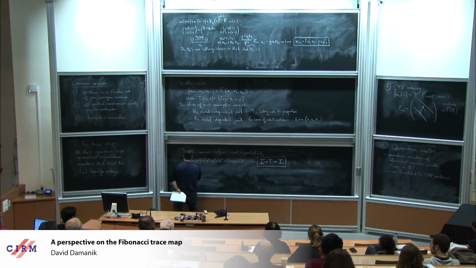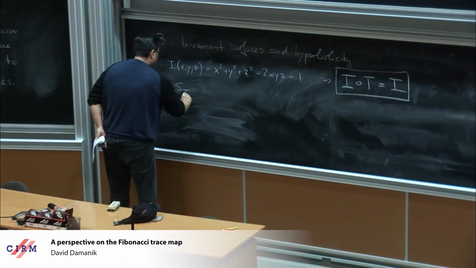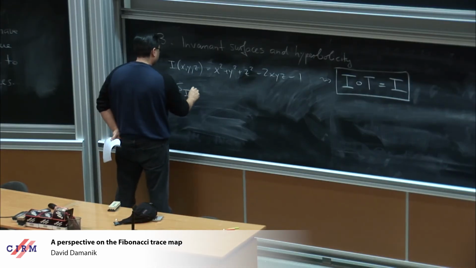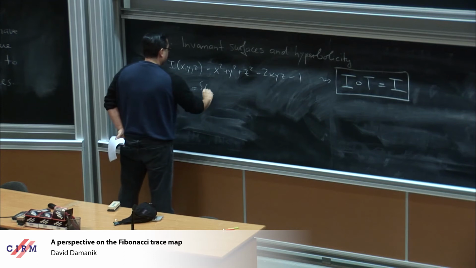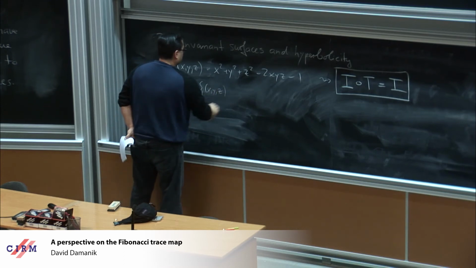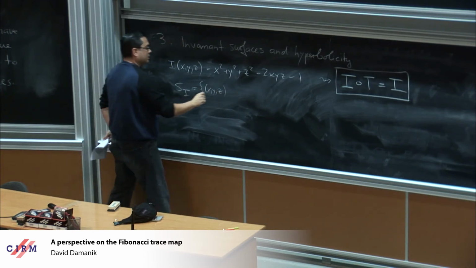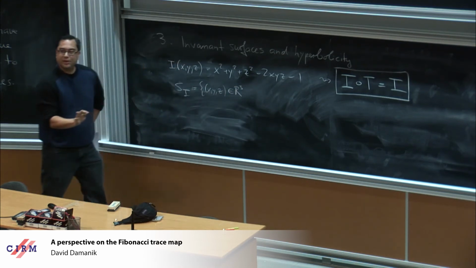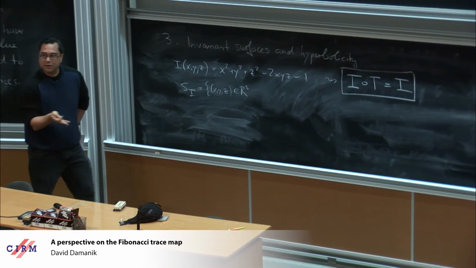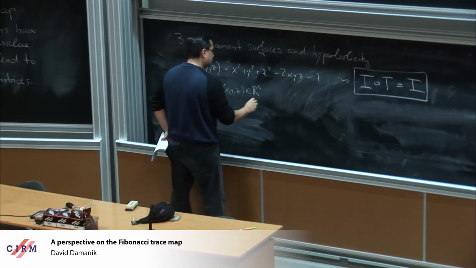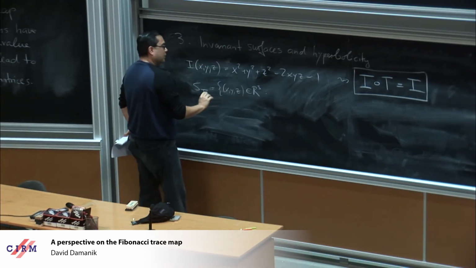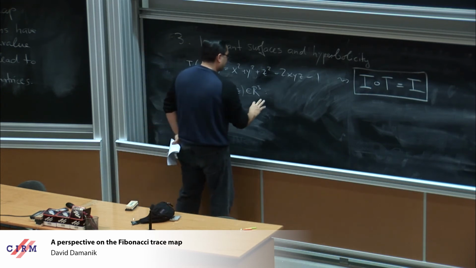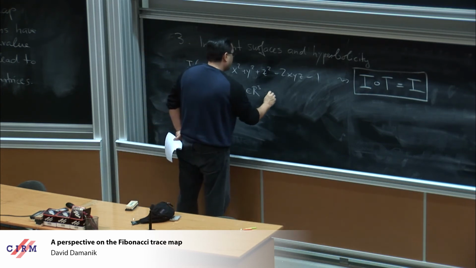Okay, so let me write down the first thing I said here. So S_I are the level sets of I in xyz. Everything here is real, but you may also think about the complexification of everything, which sometimes is very useful. But for our presentation here, let's just look at real things.